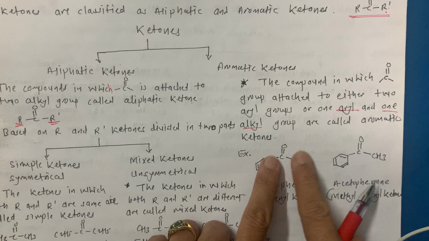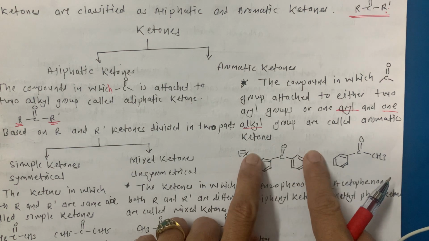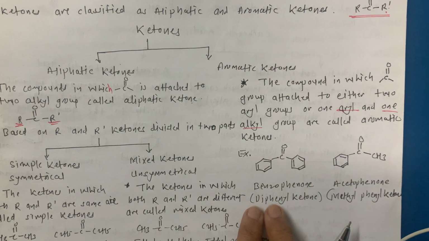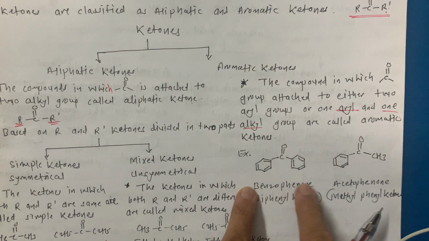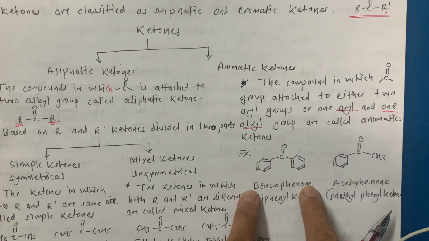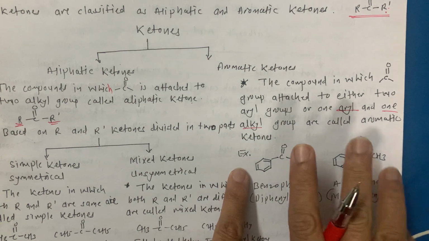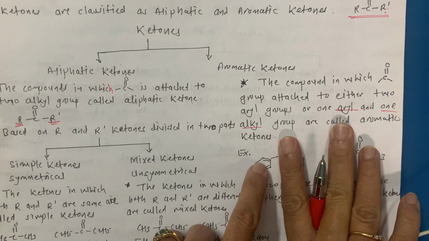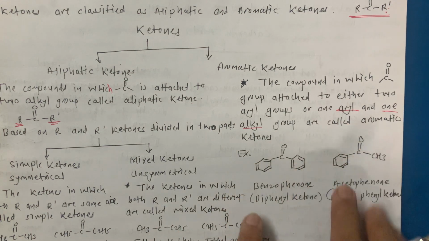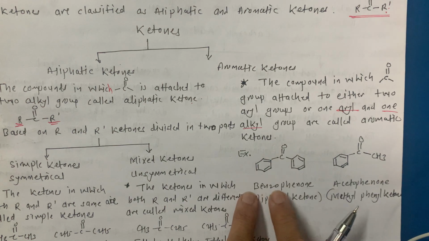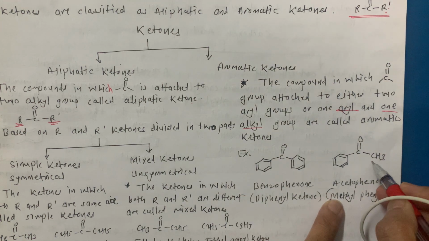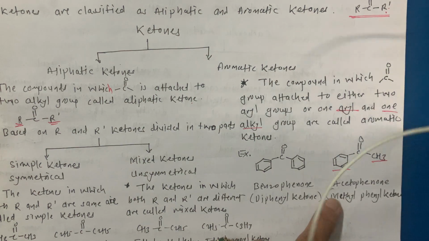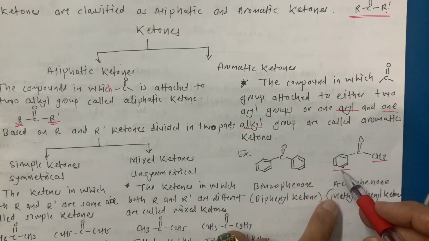In this compound, these are the two phenyl rings, two benzene rings. So this is also known as diphenyl ketone, or the common name is benzophenone. You are going to treat this as a benzene ring, and we can say this is a phenyl ring, and there is a ketone, so this is benzophenone. Now what about this one? Here it is a methyl group, another one is a phenyl group.